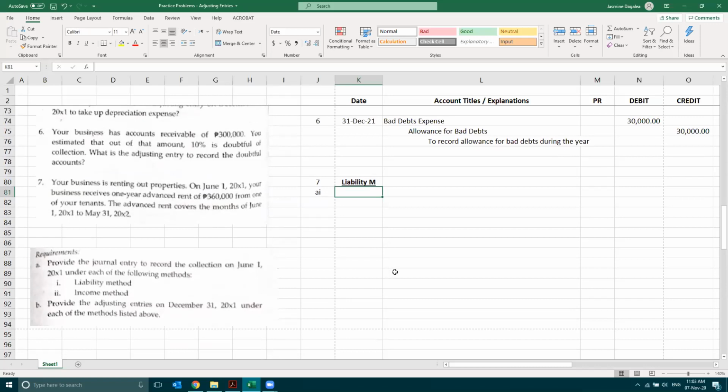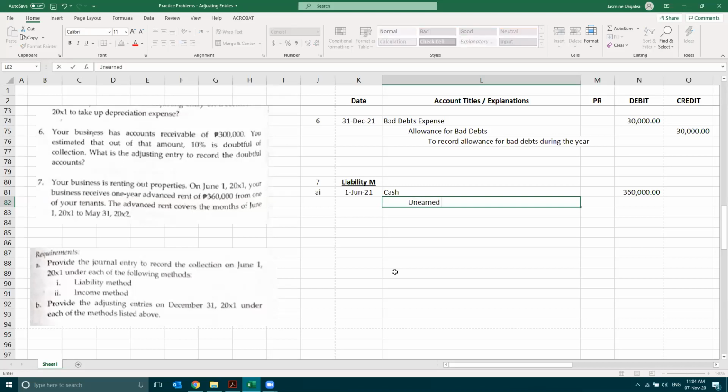Debit cash, 360,000, naka-receive kayo ng cash. Credit, unearned rent.